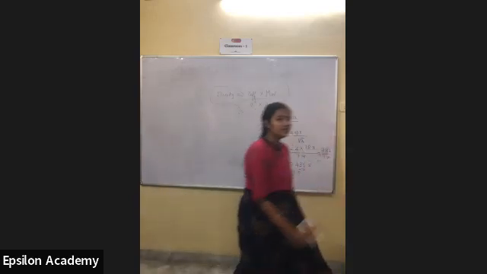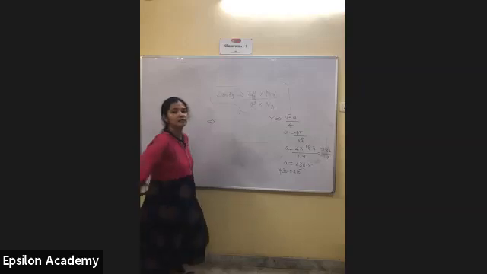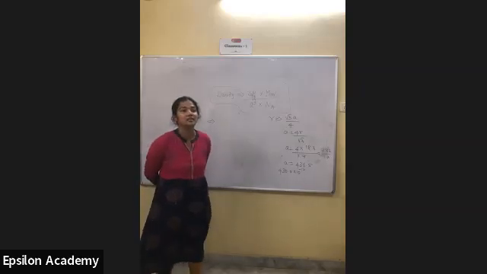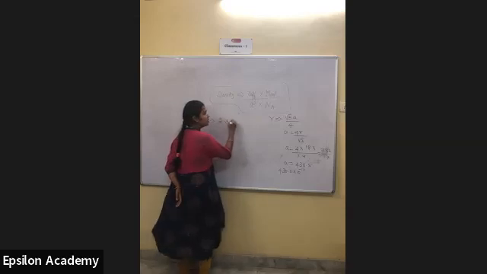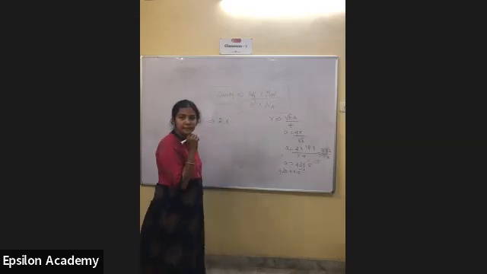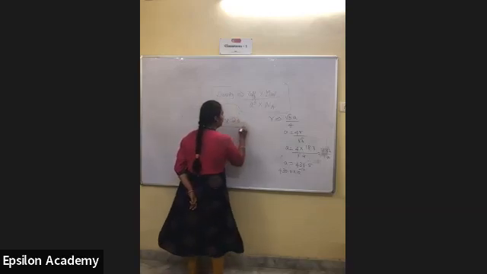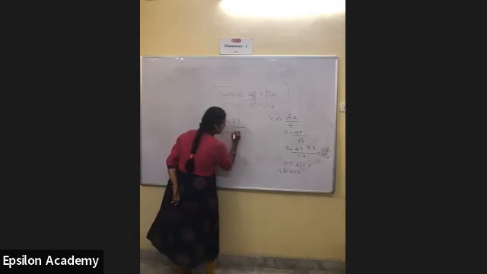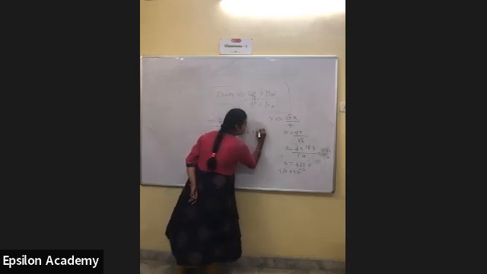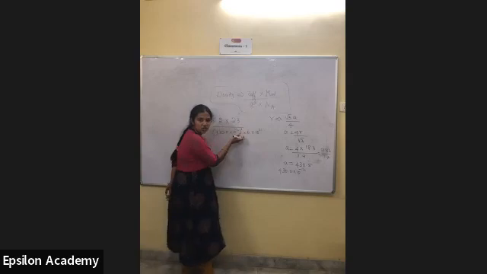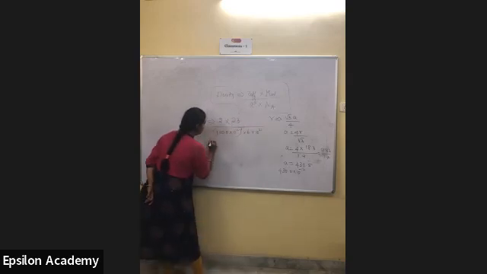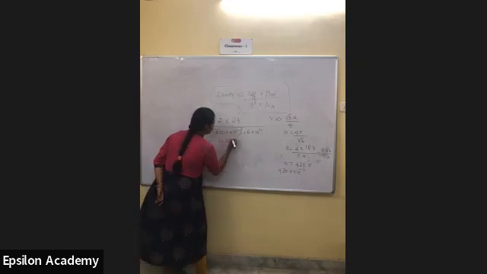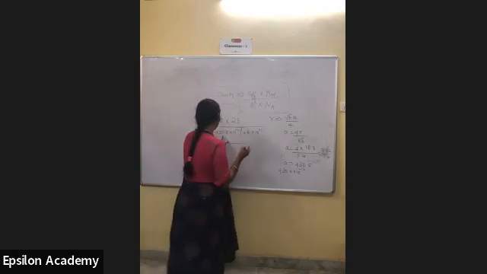What is your setup for BCC? Molecular weight for sodium, 23, divided by this A cube, which is 430.5 into 10 to the power minus 12, the whole cube, into 6 into 10 to the power 23 times 0.06. Now put this into 23, that is nothing but 46 divided by 430.5.